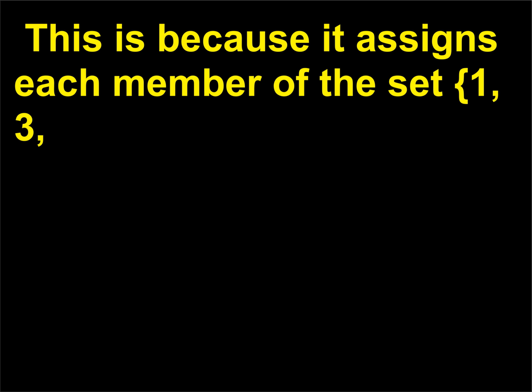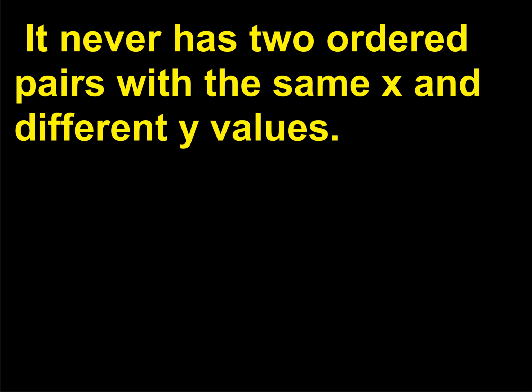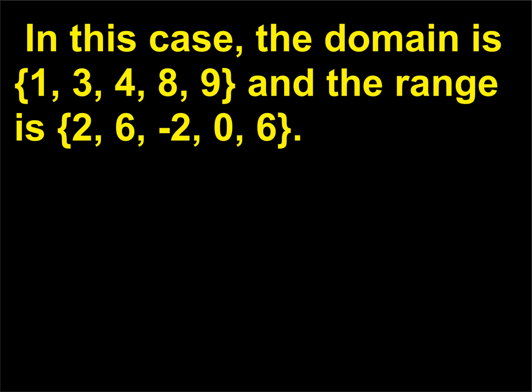This is because it assigns each member of the set 1, 3, 4, 8, 9 exactly one value in the set 2, 6, -2, 0, 6. It never has two ordered pairs with the same x and different y values. In this case, the domain is 1, 3, 4, 8, 9, and the range is 2, 6, -2, 0, 6.